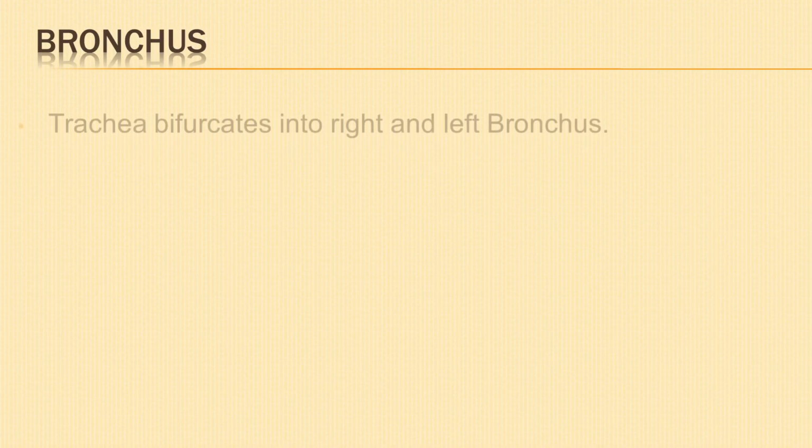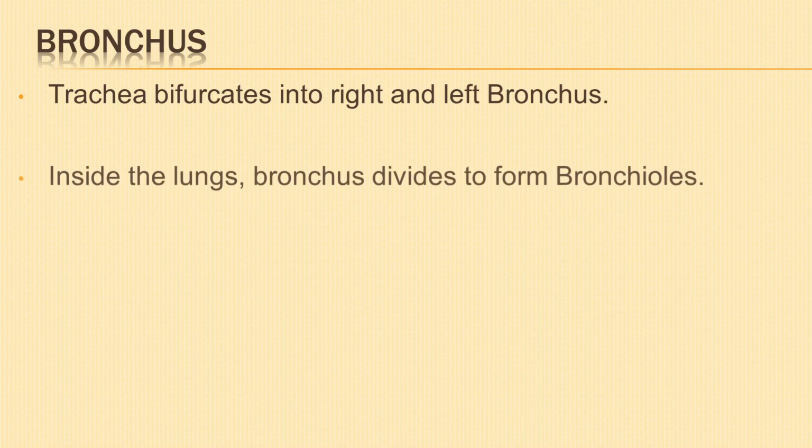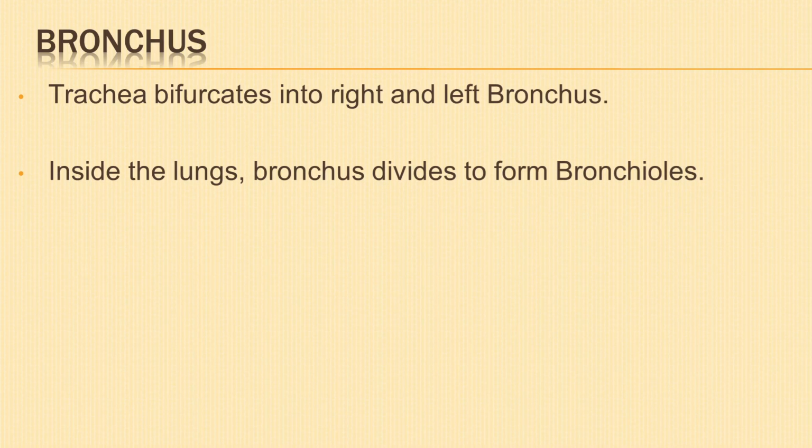The bronchi. In the middle of the thorax, the trachea bifurcates into right and left branches that pass into corresponding lungs. Inside the lungs, the branches divide and redivide to form many fine tubes called bronchioles.